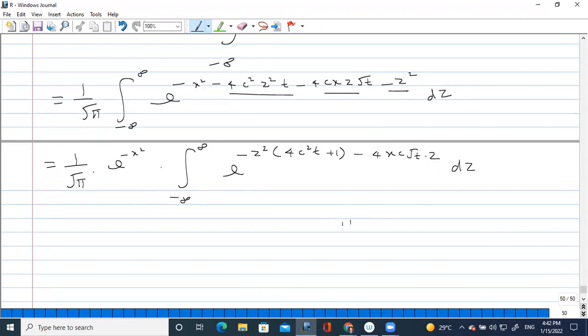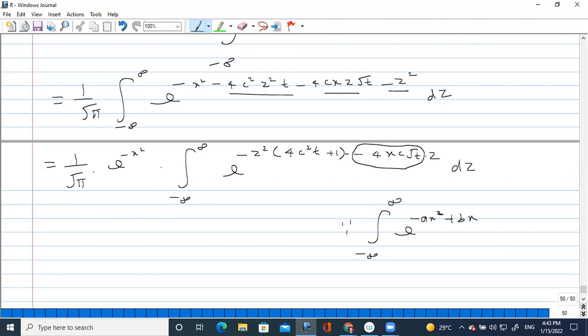There is a formula: integral minus infinity to infinity e to the power minus ax square plus bx. So this is the same kind of formula. This is working as a, and z is working as x square. So this is ax square plus bx, and this whole thing is working as b.